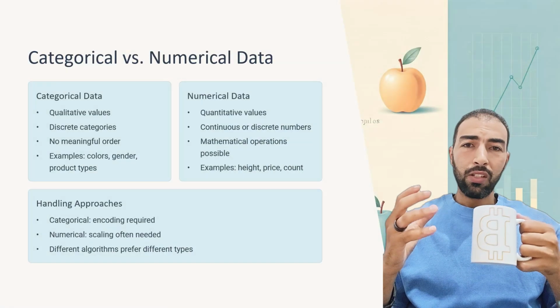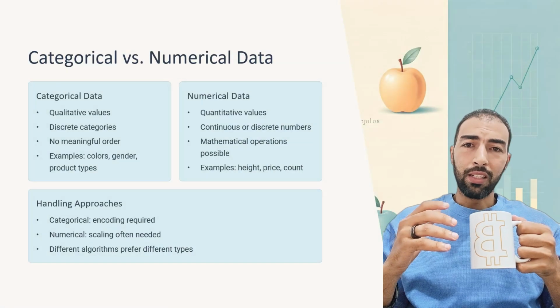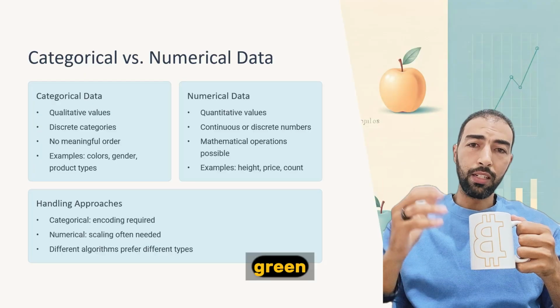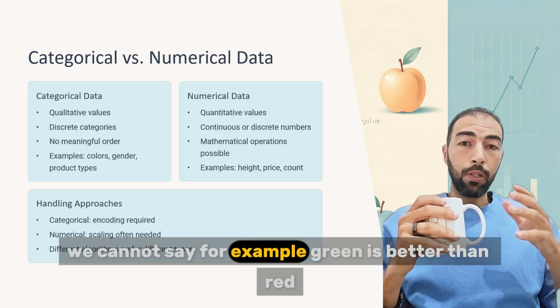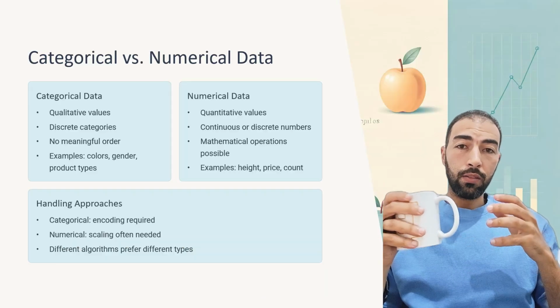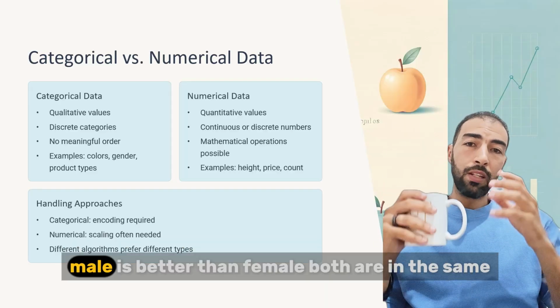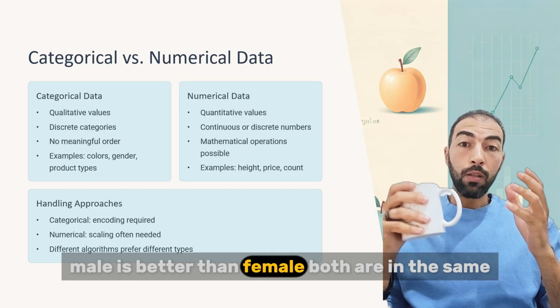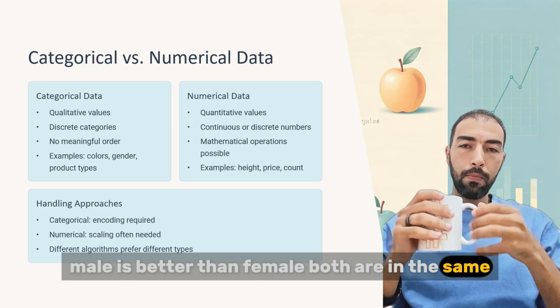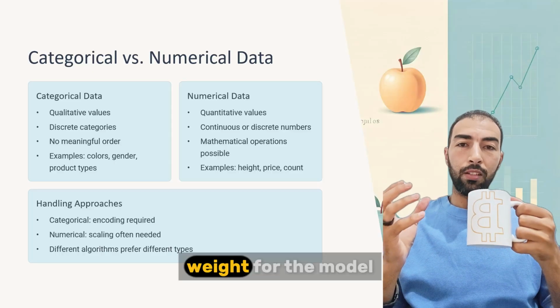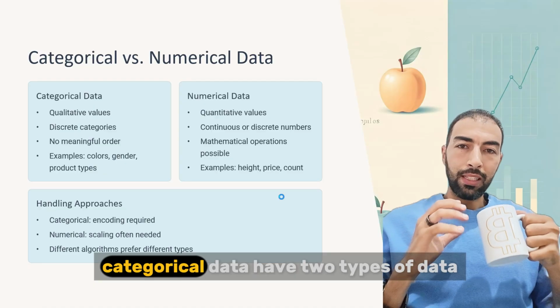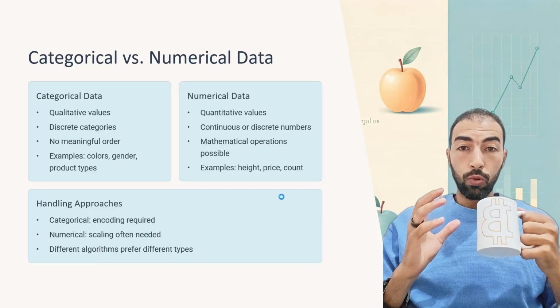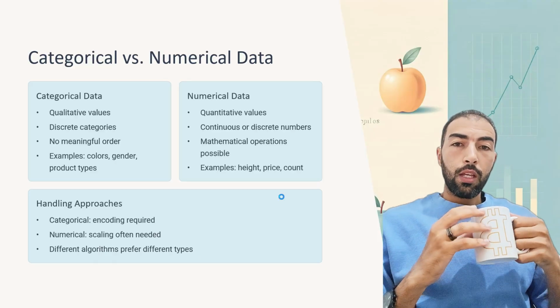For example, student, green. We cannot say, for example, green is better than red, or male is better than female. Both are in the same weight for the model.